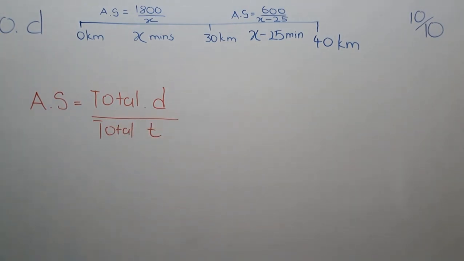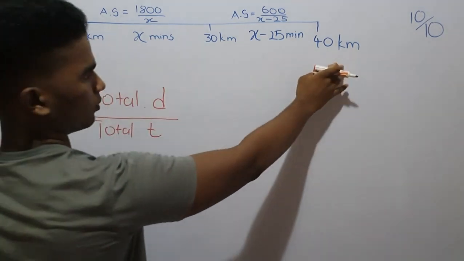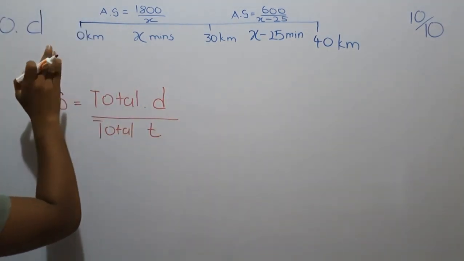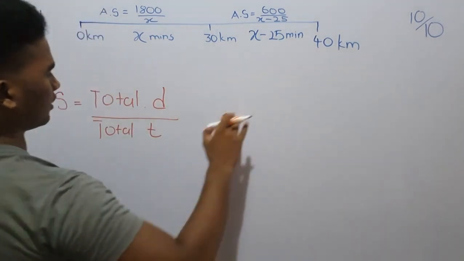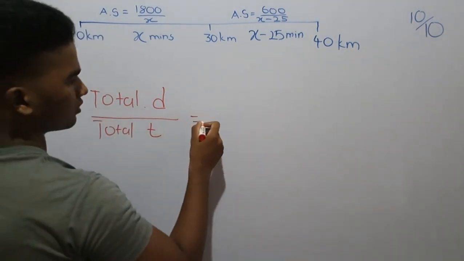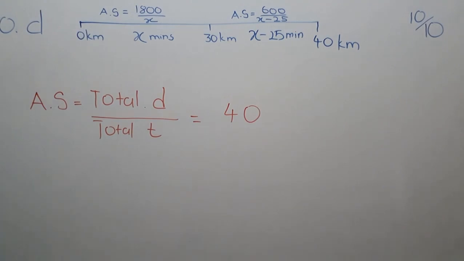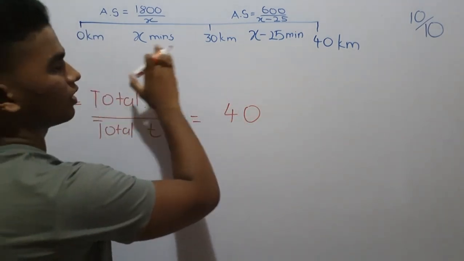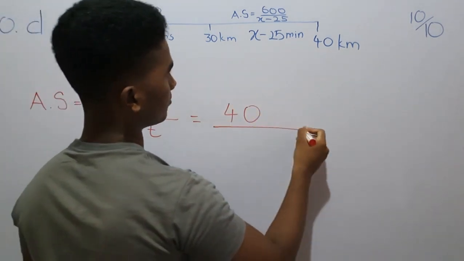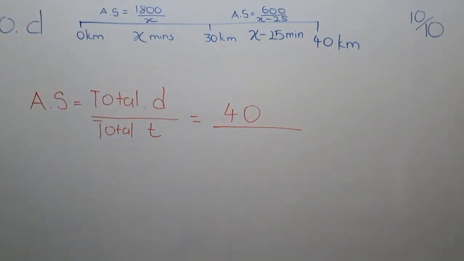So what is the total distance here? The journey is starting from 0 and up to 40 kilometers. So the total distance is 40. They are asking in kilometers per hour. So the total distance is 40 kilometers divided by the total time for both.